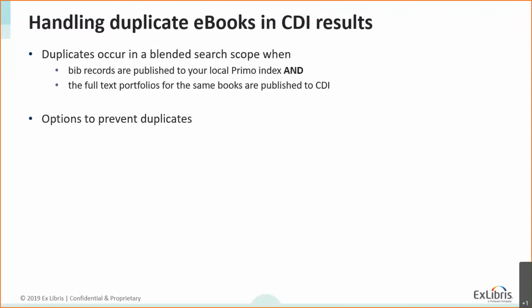When you search CDI for electronic books that you have available in Alma, that are active in Alma, there can be a case where the search result will include duplicate electronic books. Why?